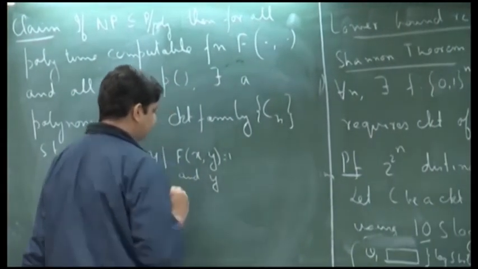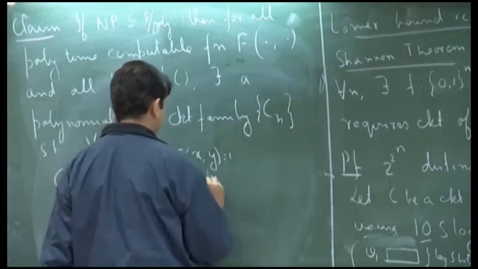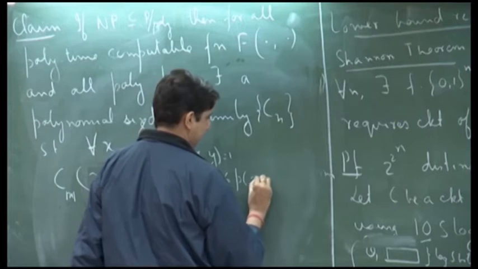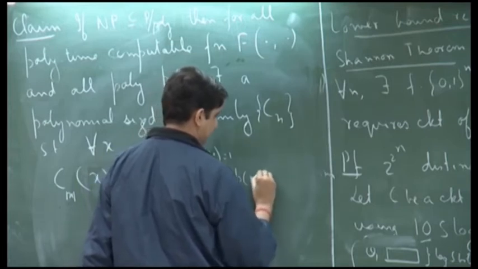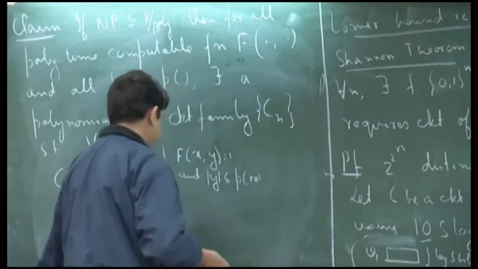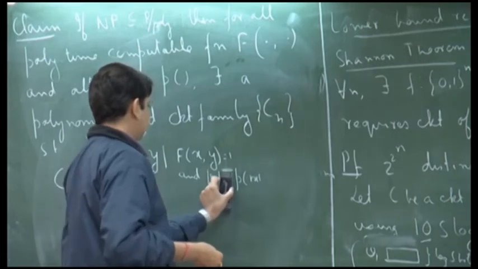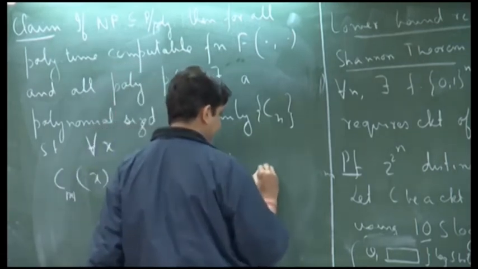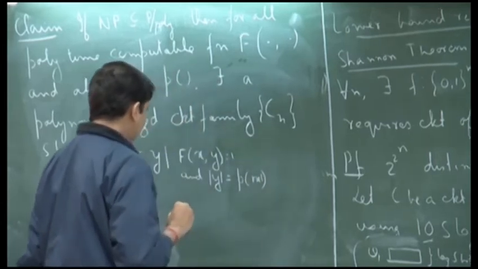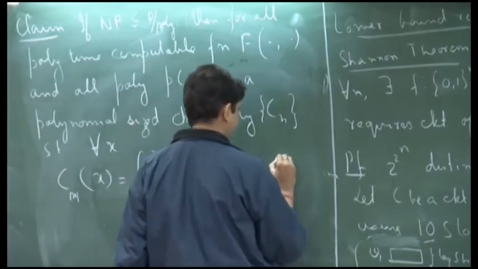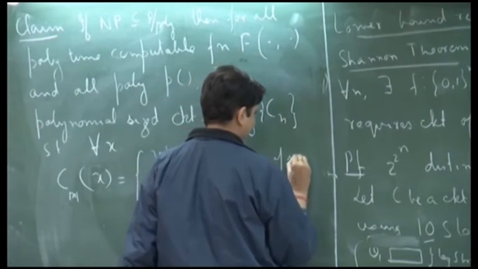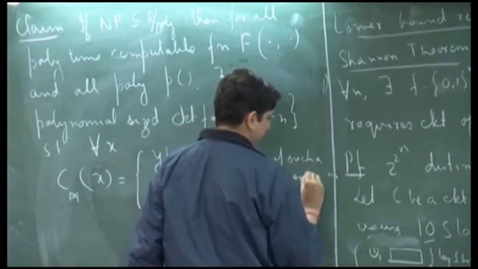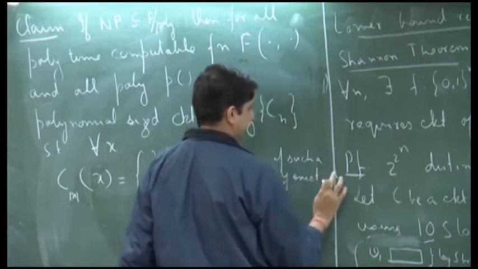and the cardinality of y is equal to p of x, if such a y exists.